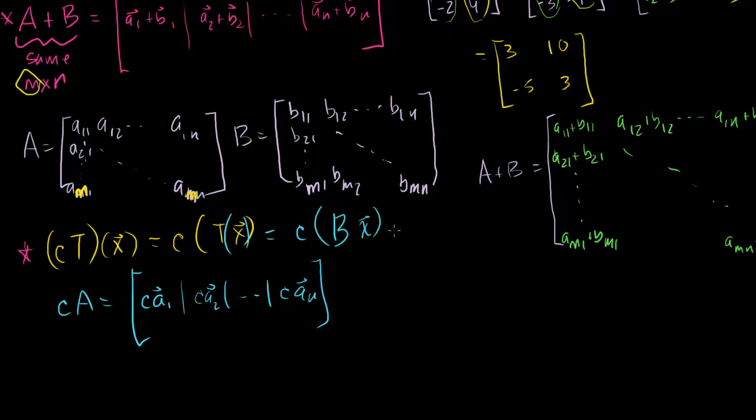By breaking this up into the column vectors, multiplying them by each of the components of x, and then distributing the c and rearranging a little bit, as we did in the last video, we can now say, using this definition, that this is equal to some new matrix CB, where it's essentially c times each of the column vectors of B, times x. This right here was our motivation.